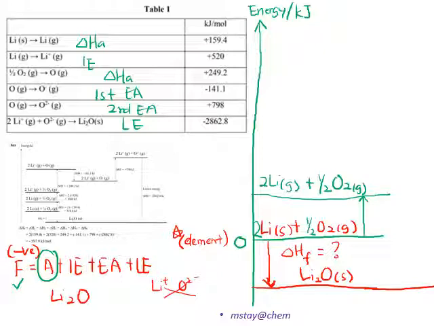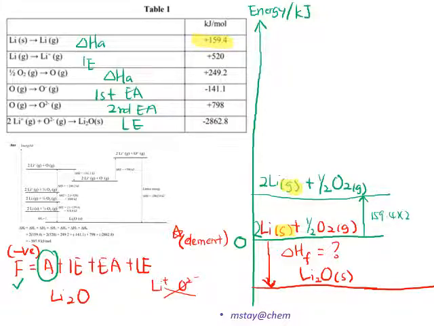Here we notice the difference: the definition is 1 mole of gaseous atom formed from its element, but now we form 2 moles of gaseous atoms. So we are going to use this value, 159.4, times 2.